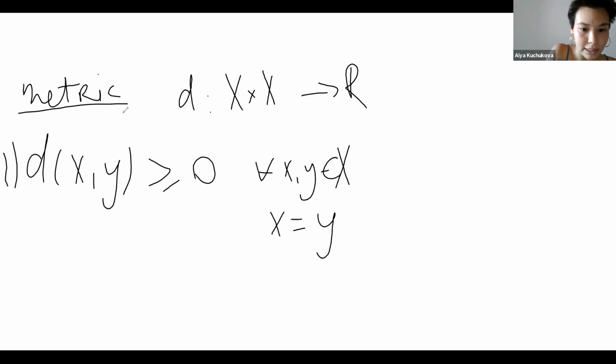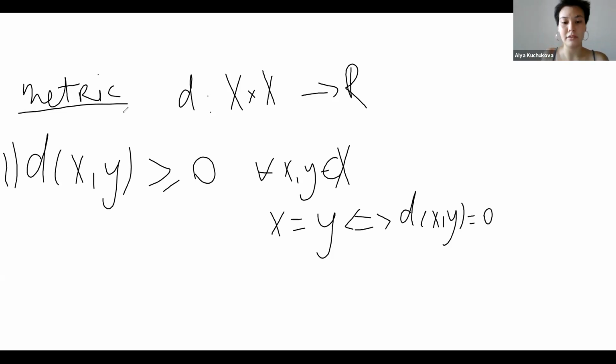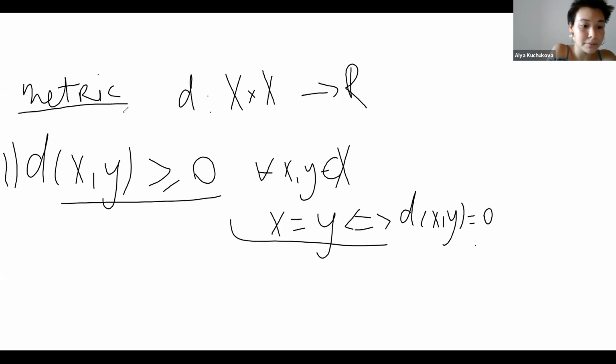So basically this is equivalent to d(x,y) equals 0. Let's analyze this property. We just want a distance, so of course we want it to be positive or at least 0, because a negative distance doesn't make any sense to us. That's why it's non-negative. And of course we don't want the distance to be 0 if the points are far apart, right? I think so far this is very logical.